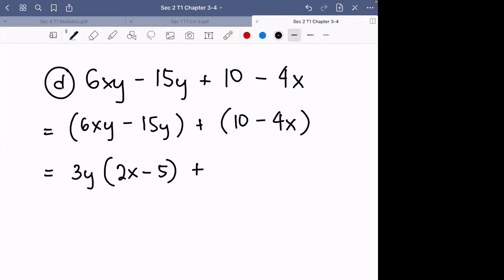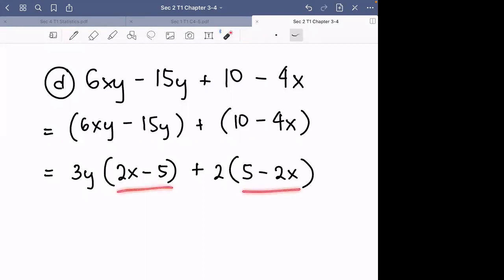So what's common between 10 and -4x? 2. Yeah, the factor is 2. So what's 5 minus 2x. All right, but look, there's a slight problem. This 2x minus 5 should be the same, right?